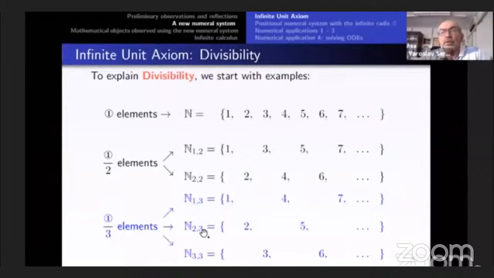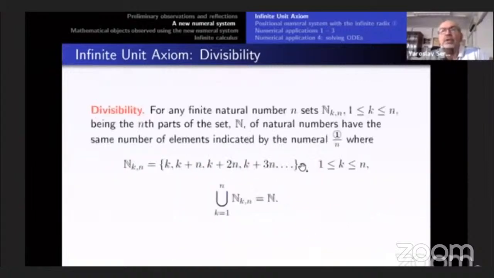What is this set? This is the third part starting from 2. 2 plus 3, 5, 5 plus 3, 8, and so on. And in general, we suppose that the set of natural numbers can be subdivided in n parts of this kind, and each of them contains this number of elements.